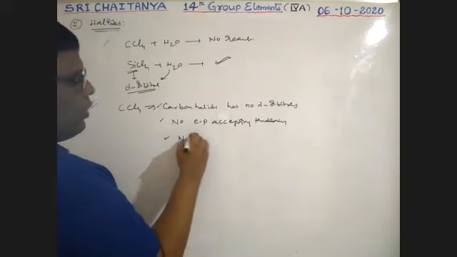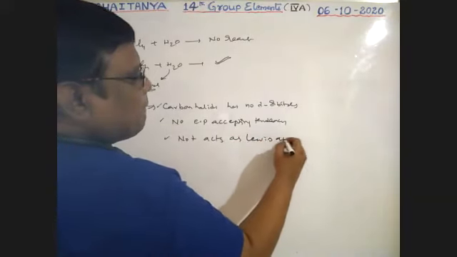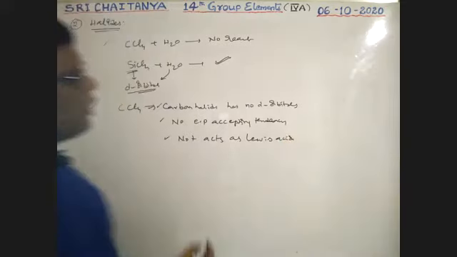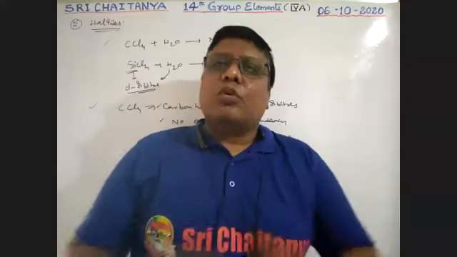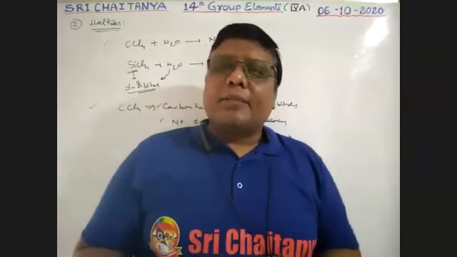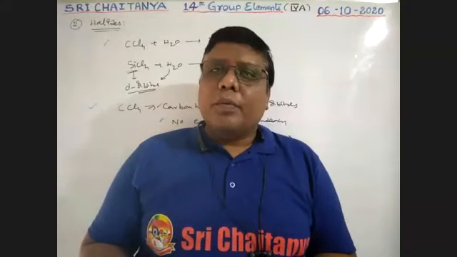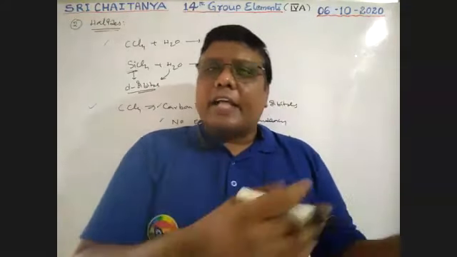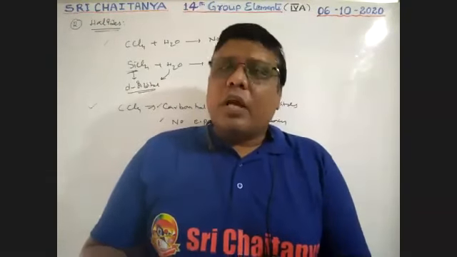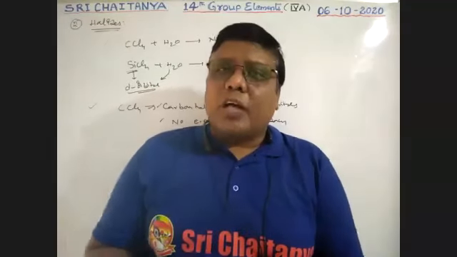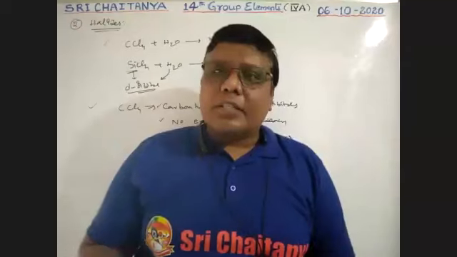Therefore, they do not act as Lewis acids. That means generally our halogen compounds act as good Lewis acids, accepting electron pairs. But carbon halides do not, because carbon has no d orbitals and does not accept electron pairs. That's why these do not act as Lewis acids.